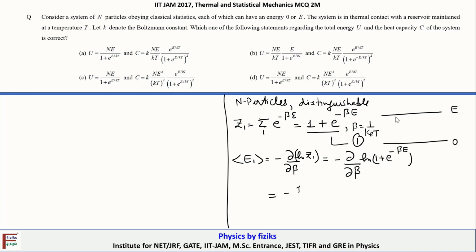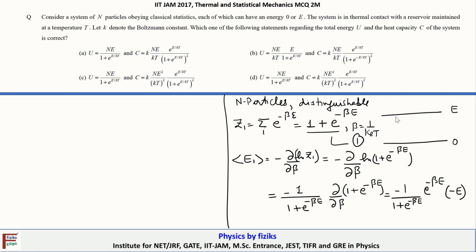This is equal to minus 1 upon 1 plus exponential minus beta E, and then the partial derivative with respect to beta of 1 plus exponential minus beta E. So this is equal to minus 1 upon 1 plus exponential minus beta E, and then its differential, which gives exponential minus beta E, and then again the partial derivative with respect to beta of minus beta E, which gives us minus E again.